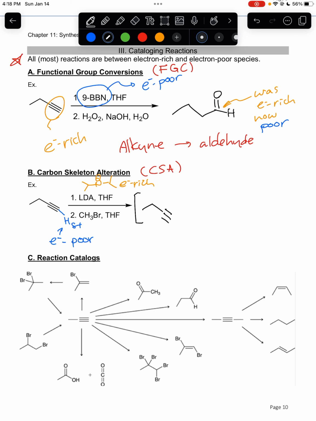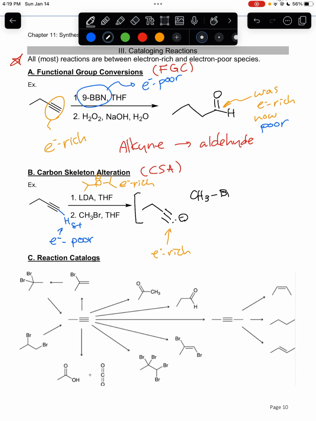The LDA reacts as a base and pulls off the proton. So now the alkyne that was electron poor is now electron rich. You see the rhythm here? Electron-poor things react with electron-rich things, and that's how everything goes, right?